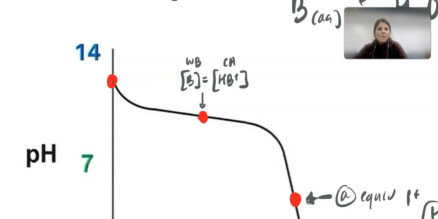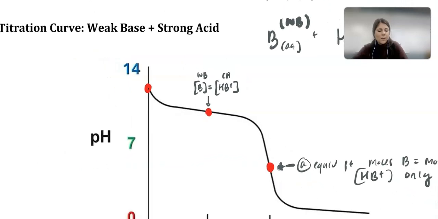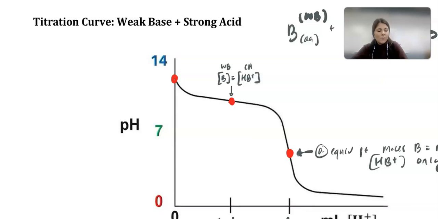Okay, now this is going to be kind of hard to understand, but here, if they equal each other, remember that the Henderson-Hasselbalch on your equation sheet starts with a pH. You could also write a pOH version of it.